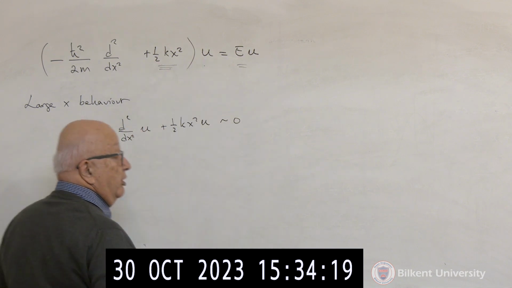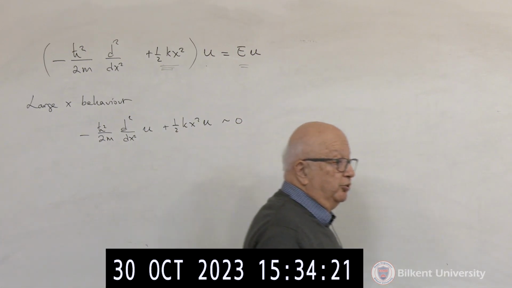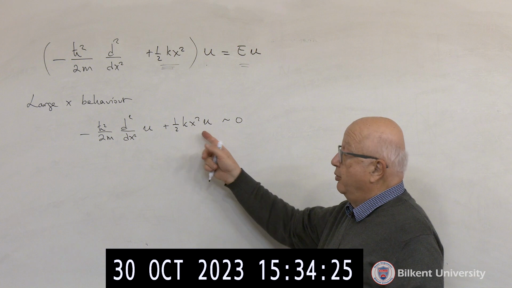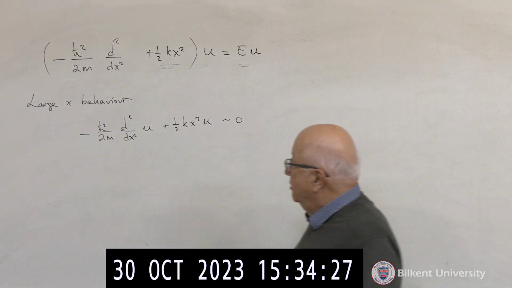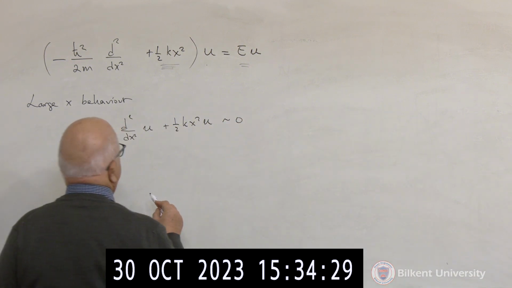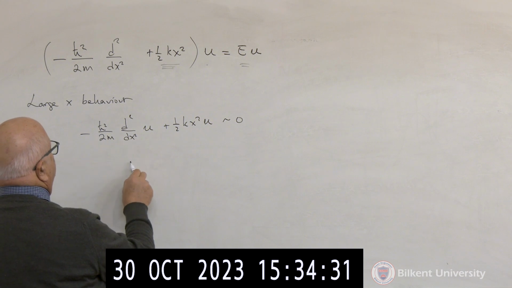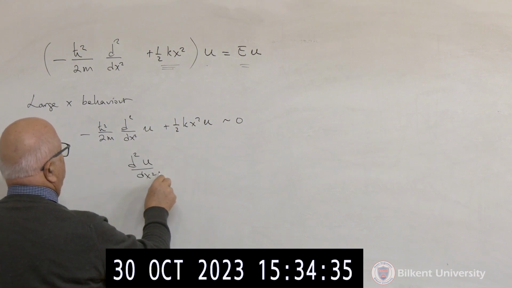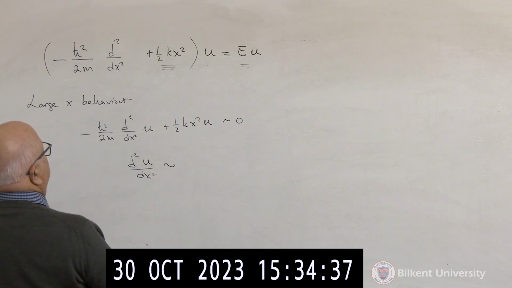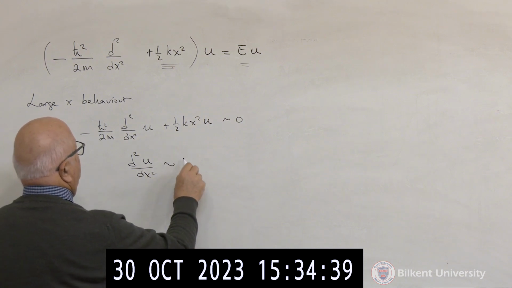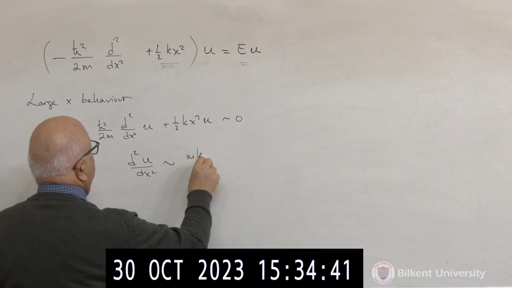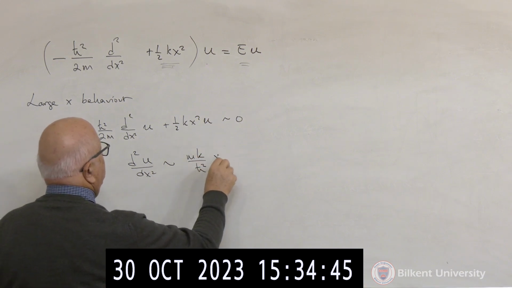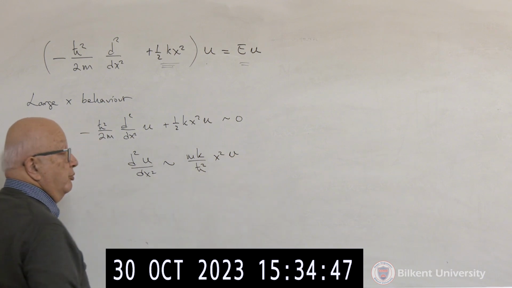I'm going to take that term to be negligible compared to this term. Then I have a simpler equation: d squared u dx squared is approximately m k over h bar squared x squared u.